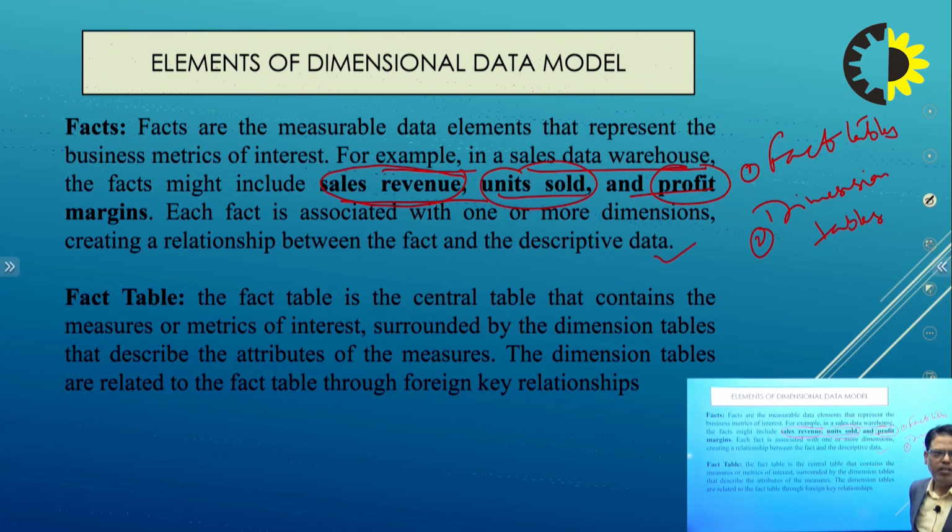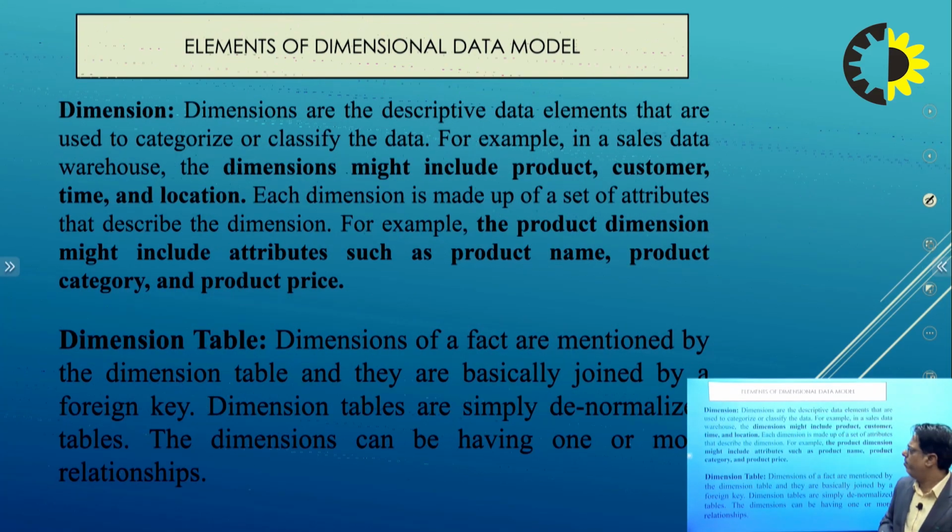Now, what is a fact table? A fact table is the central table that contains the measures and metrics of interest, surrounded by the dimension tables that describe the attributes of the measures. These dimension tables are related to the fact table through foreign key relationships. The second one is dimension.